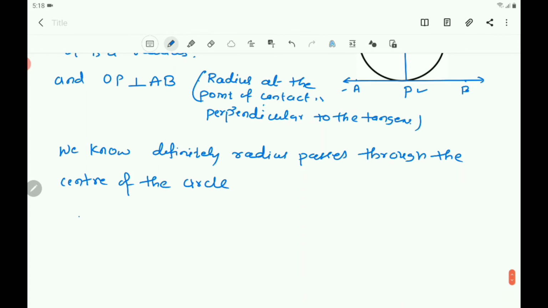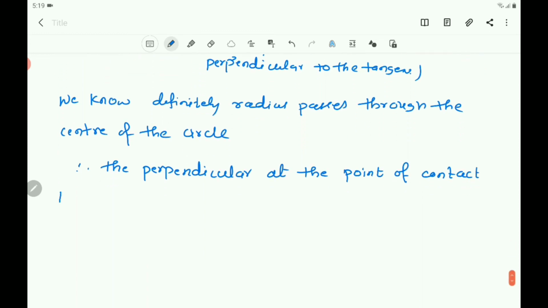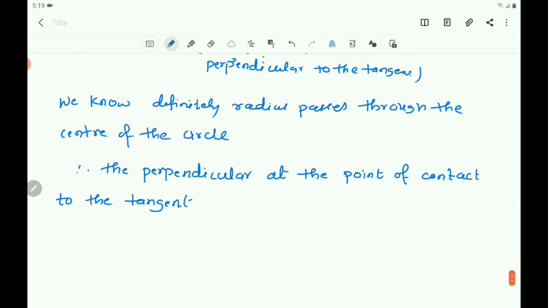Therefore, the perpendicular at the point of contact to the tangent to the circle passes through the center.